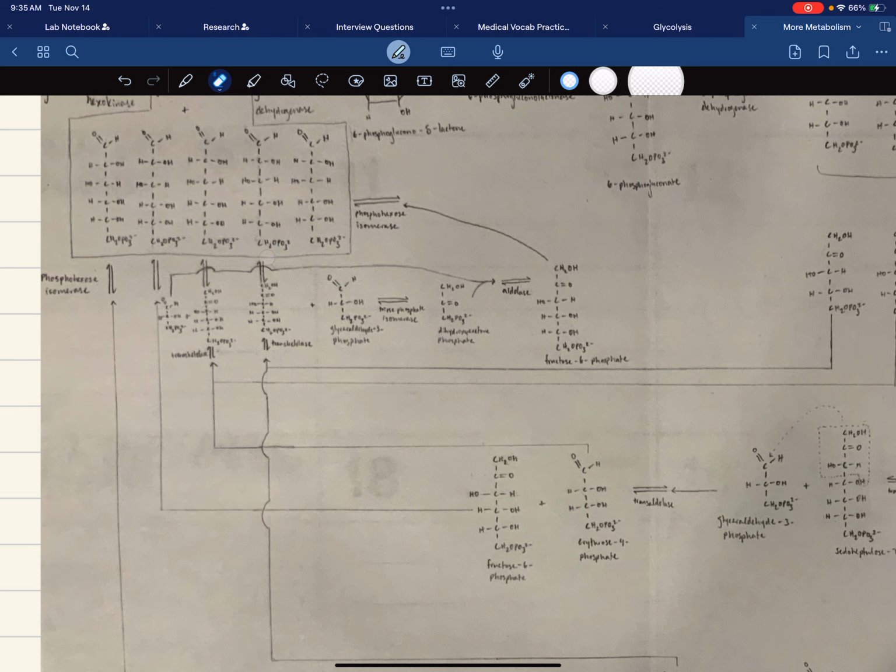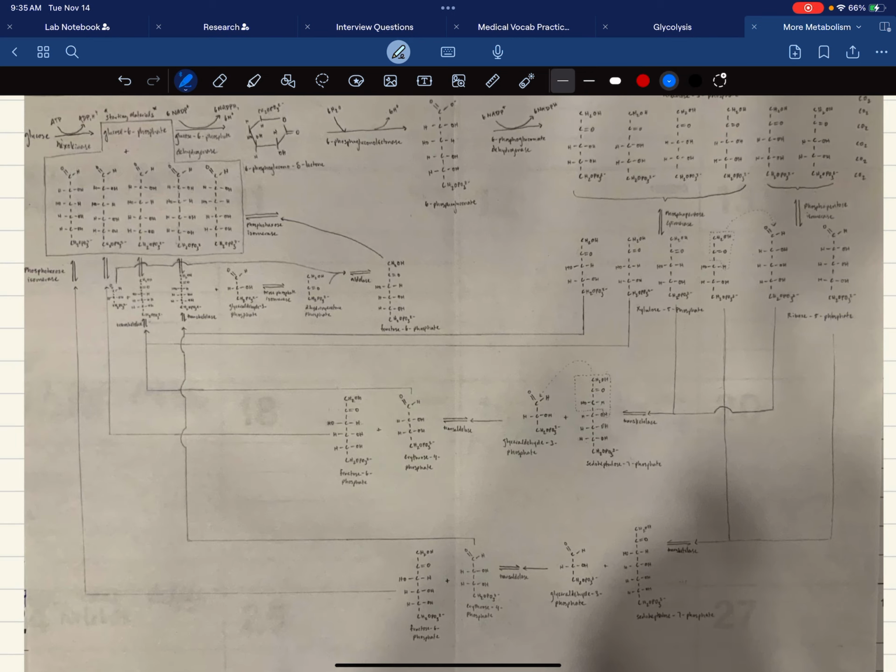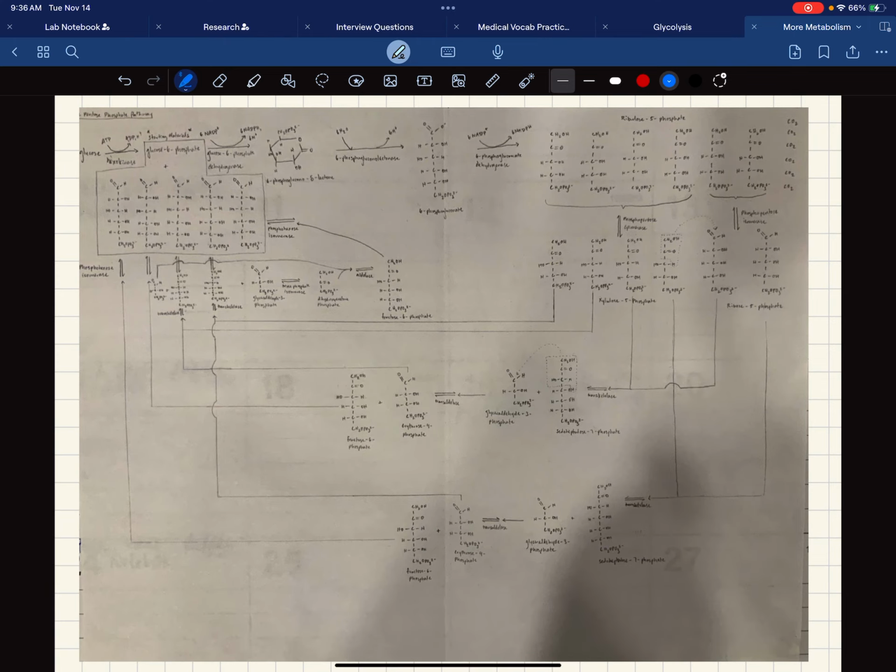At this point, it becomes pretty repetitive and very memorization dependent, and I'm not going to go through every single reaction. You can follow the arrows either on this one that I've drawn, though I don't know how well you'll be able to see it in the video, or on the diagram that he's posted on Canvas.